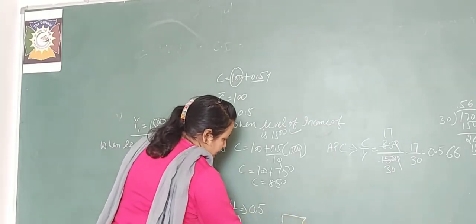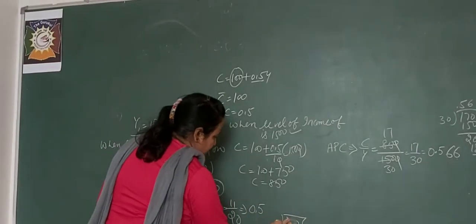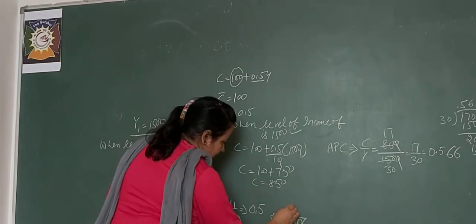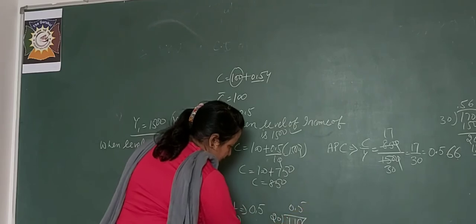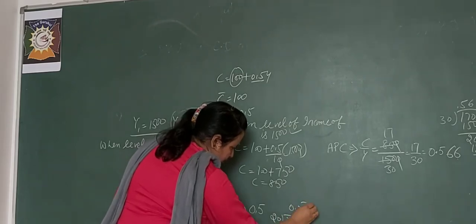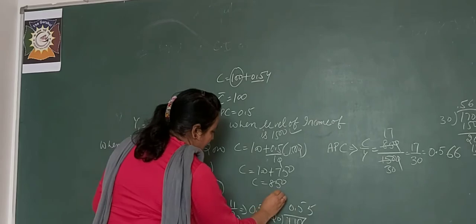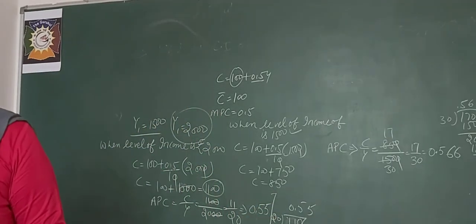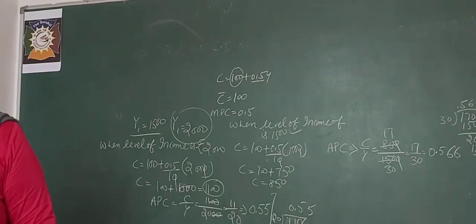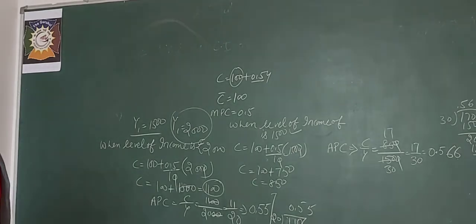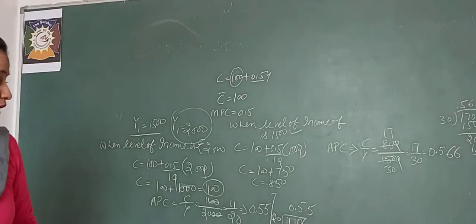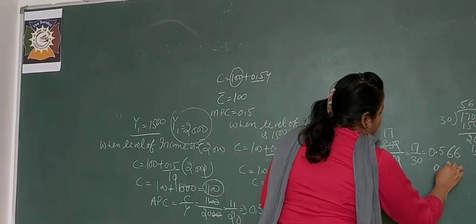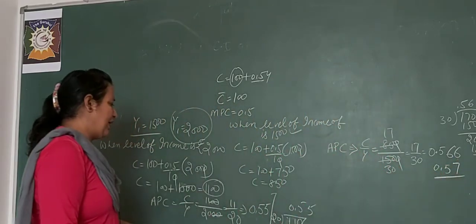It will be 0.55. So you will see this thing: as income increases, APC will decrease. If we look carefully, it will be proved that this is 0.57 and this is 0.55.